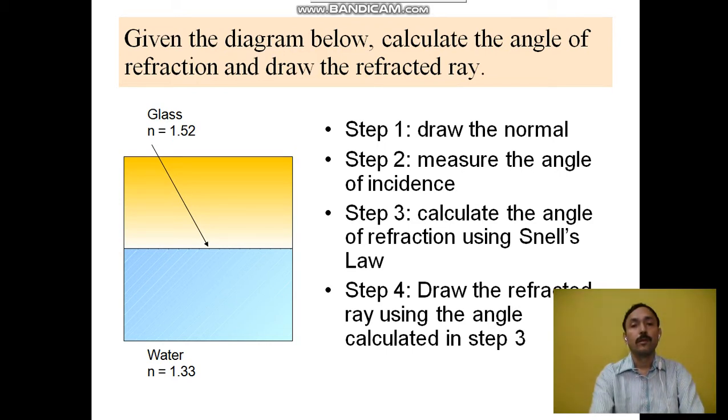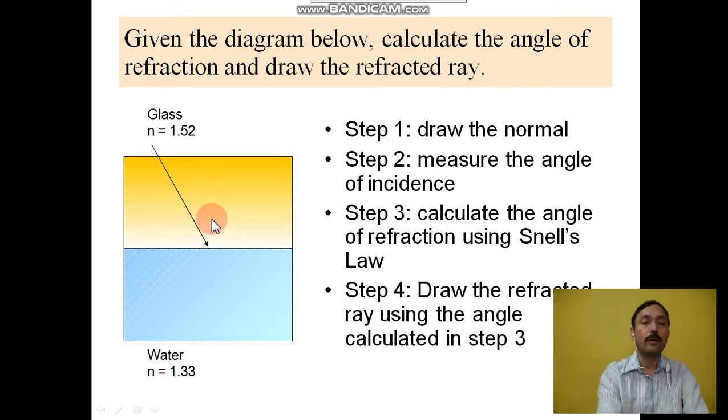So here we have the data only N1 and N2. If we draw the normal, we will get the incidence angle. Then we will get another data, that is sin theta 1.